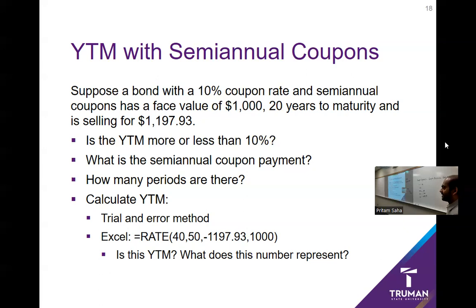Yeah, 8%. How much do you find on the calculator? 4%. Then why is 8% the right result? Absolutely. The 4% you're getting on the calculator is a periodic rate, the semi-annual rate of return. But we have to show the result in terms of APR, so 8%.